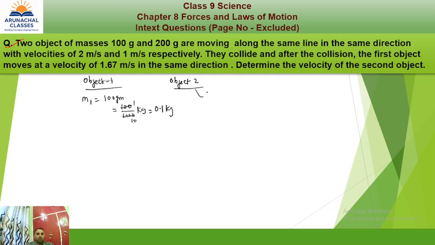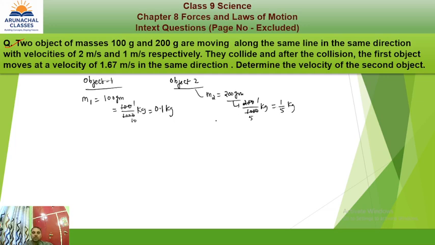For object 2, mass m2 is 200 gram, converted into kg: 200 divided by 1000, so it is 1 upon 5 kg.